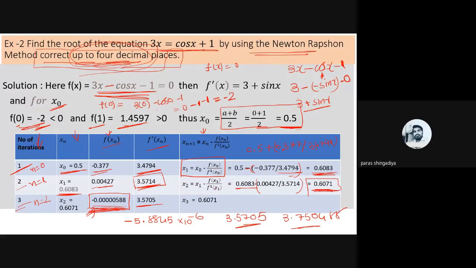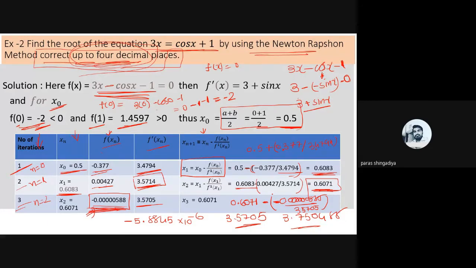And now check x3. It will be 0.6071 minus of minus 0.0000588 divided by 3.5705, or otherwise 04.